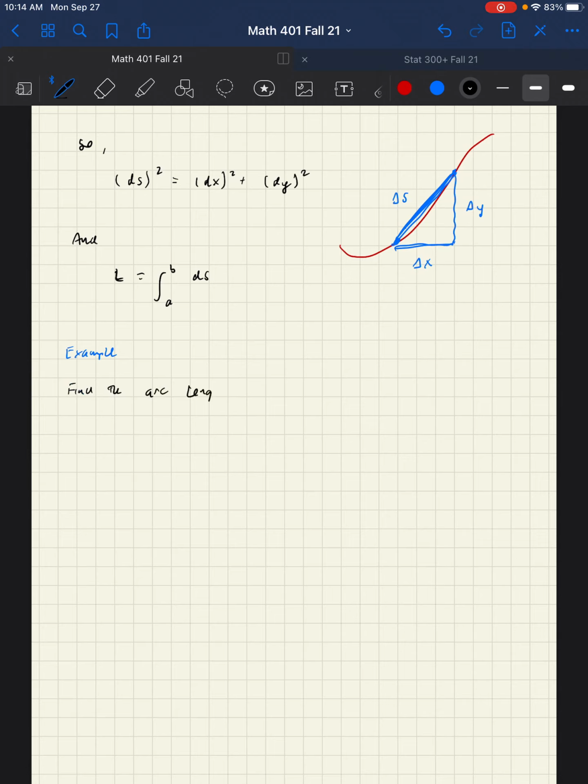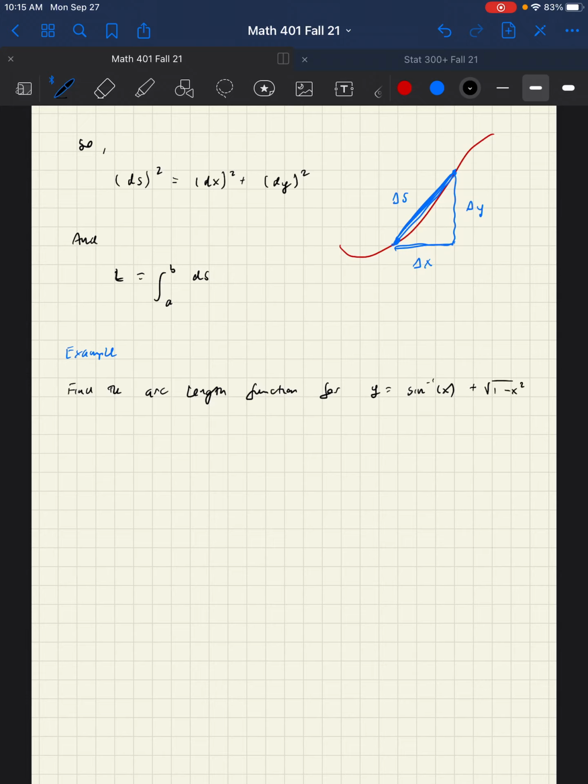Let's play with an example here. Find the arc length function for, what's a good curve that we want to use?